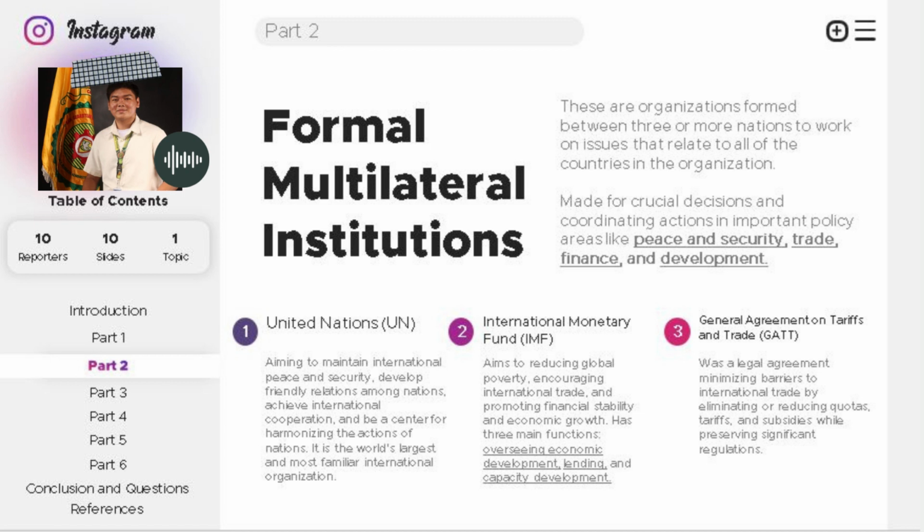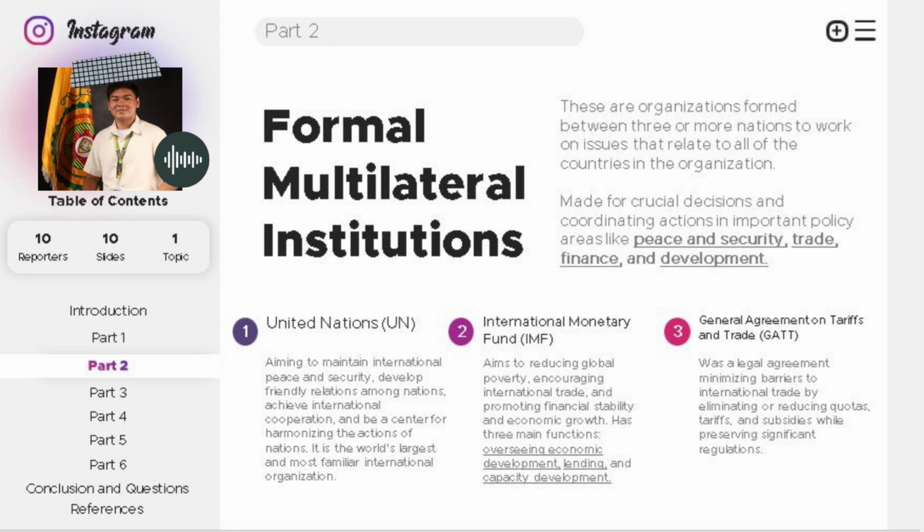Here, the main function of the United Nations is to preserve international peace and security. Any state, whether it is a member of the UN or not, may bring any dispute or situation that endangers international peace and security to the attention of the Security Council or the General Assembly.